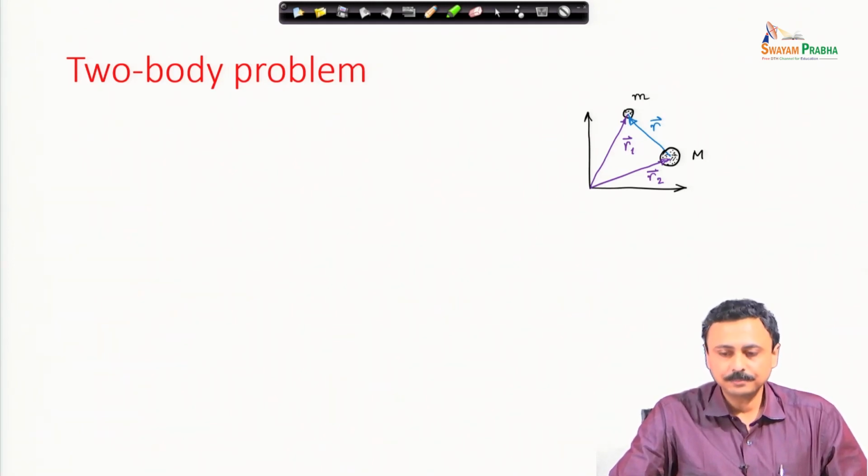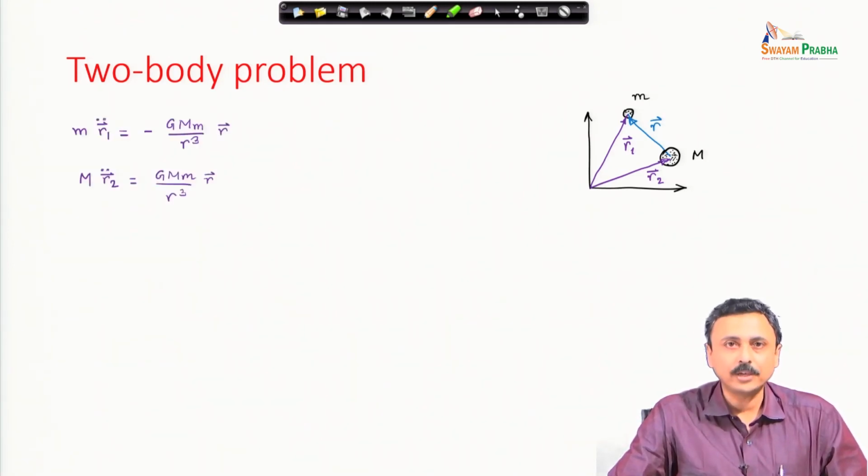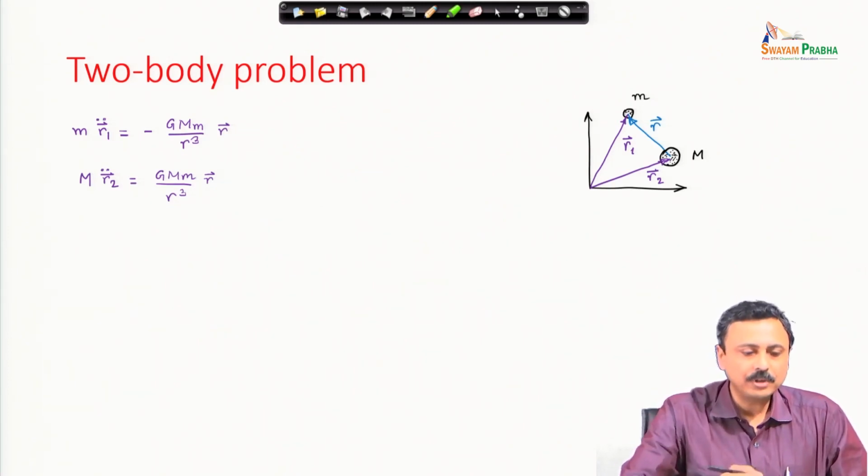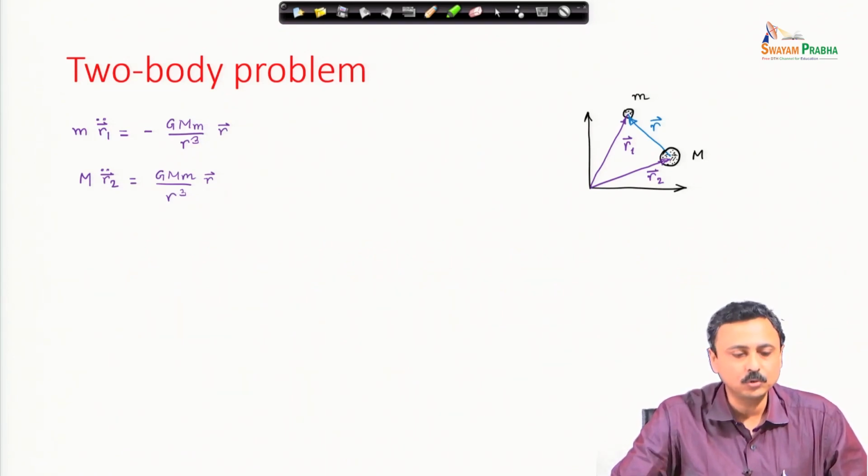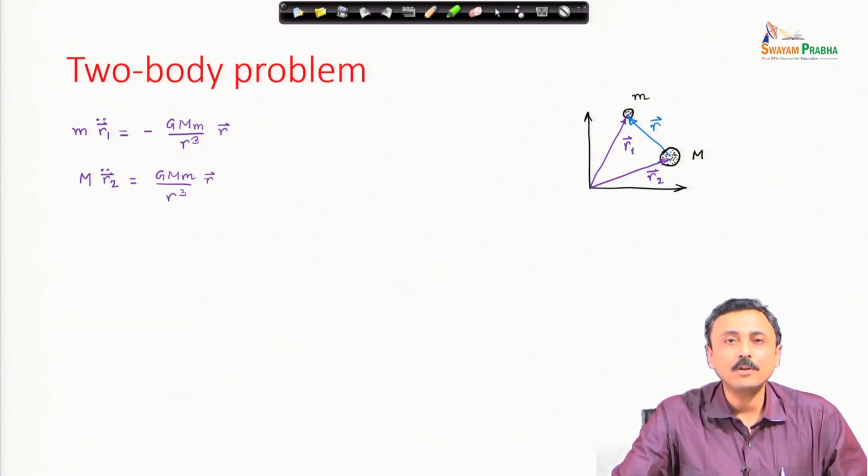If we consider this system and write down the equations of motion by using Newton's law of gravitation, Newton's second law and third law, then we get these two equations of motion for the two point masses. For the small m mass, I have m r1 double dot is minus G, where capital G is the universal gravitational constant, times capital M small m by r cube into r vector.